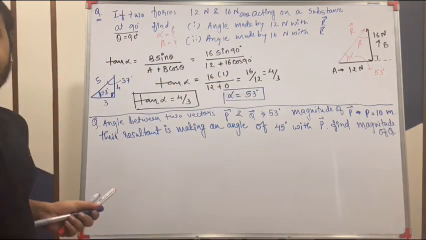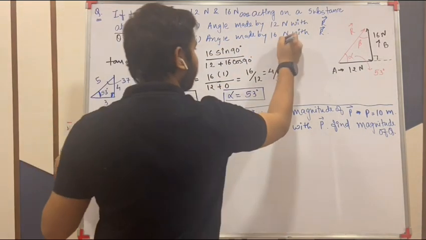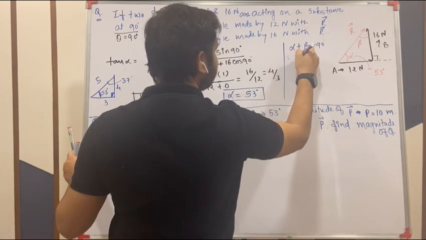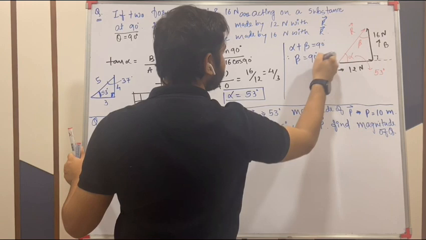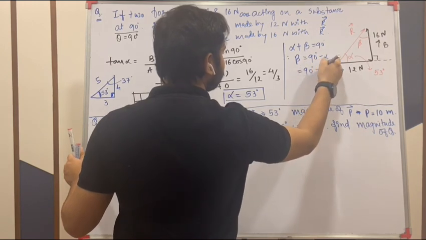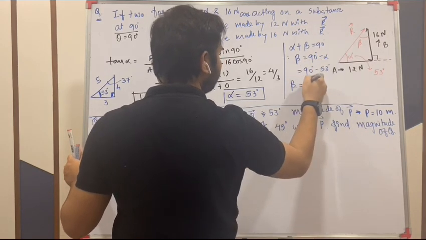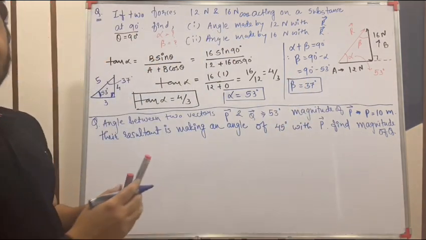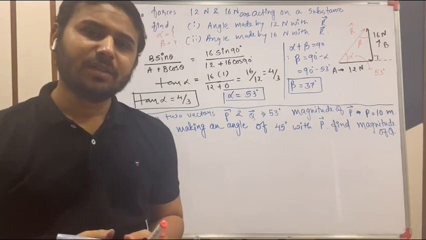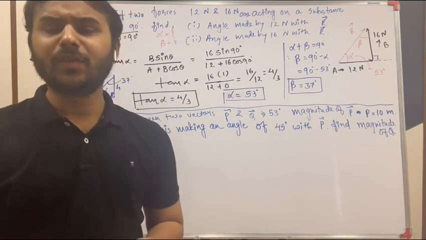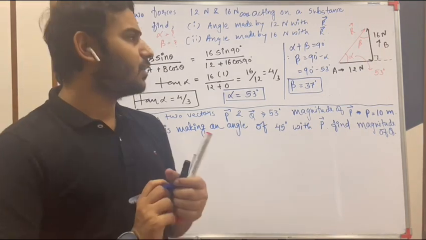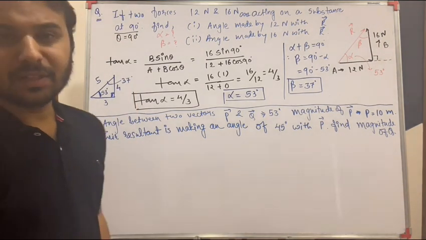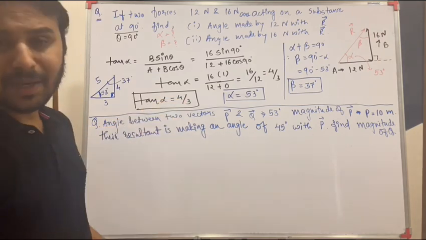See, from the diagram you can say alpha plus beta is 90, therefore beta is equal to 90 minus alpha, 90 minus 53. The answer for beta is 37. You can call it a magic triangle. 3, 4, 5, okay, 5, 12, 13, but that we are going to do afterwards. So you must know the value of alpha is 53 when tan alpha is 4 by 3.